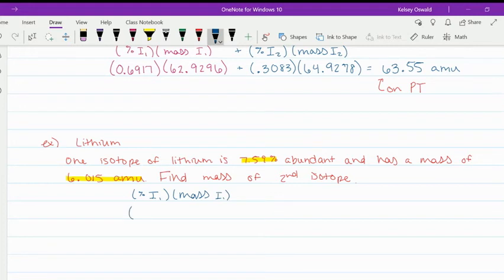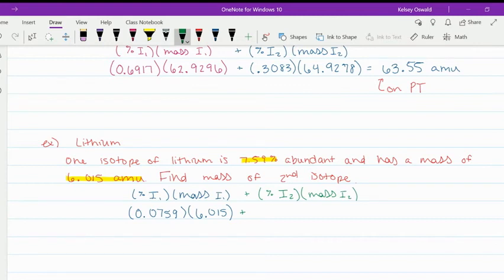So this isotope contributes to 0.0759 or 7.59% of our overall mass. So we'll multiply our percent and our mass together. To that, we want to add the percent our second isotope contributes to our overall mass times its atomic mass. Okay.